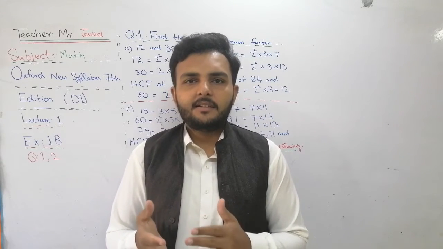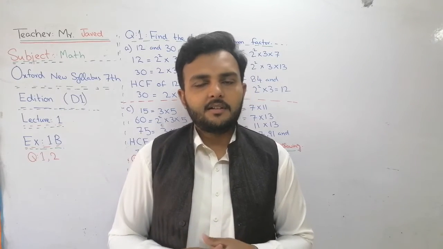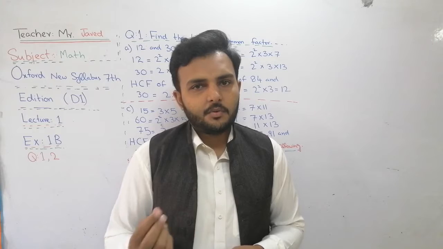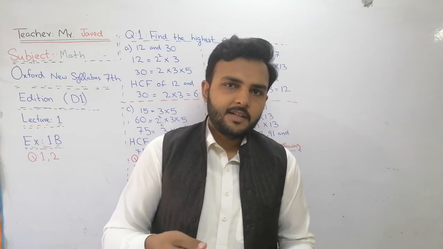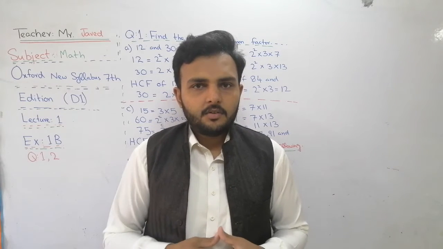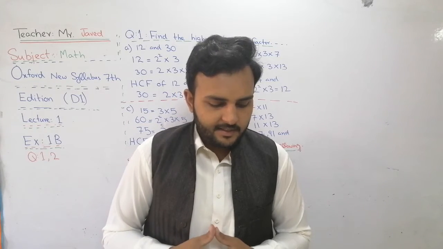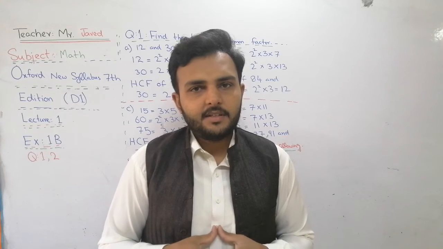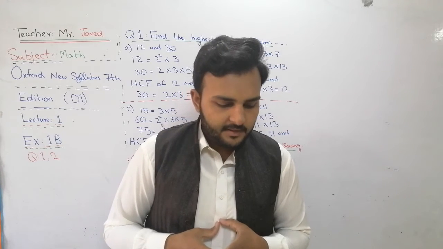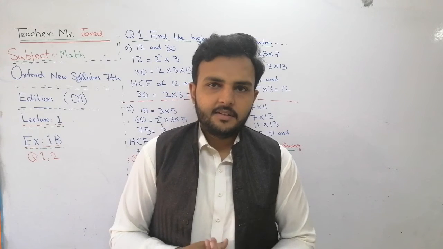Take another example: the factors of 4 are 1, 2 and 4, because 1, 2 and 4 exactly divide 4. So highest common factor means the greatest number that is present in more than one, and the factors are the numbers that can divide the given numbers.